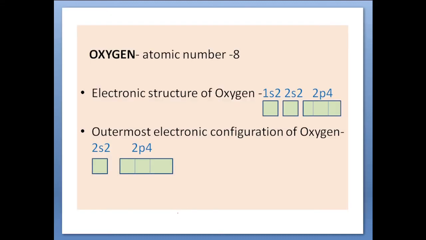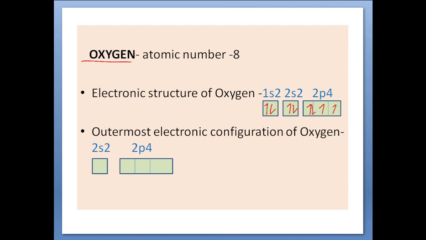Oxygen's atomic number is 8. We know that the electronic configuration of oxygen is 1s2, 2s2 and then 2p4.